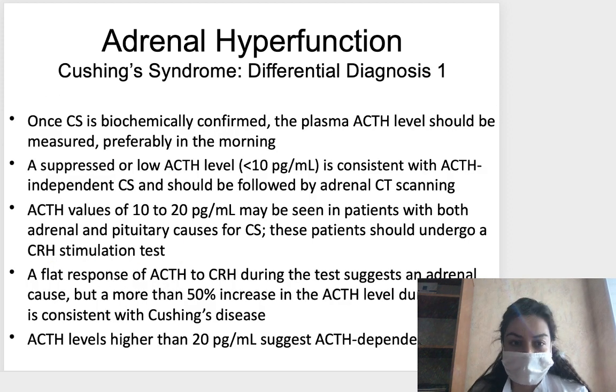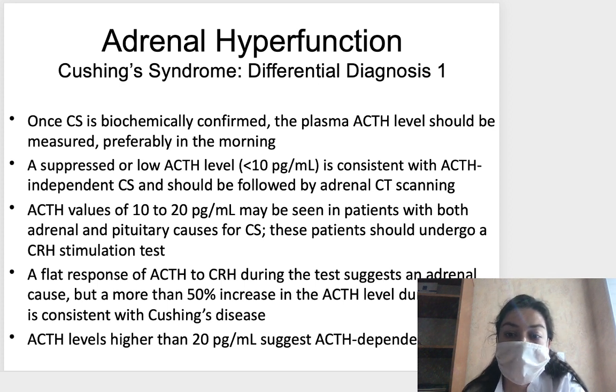For differential diagnosis, once Cushing's syndrome is biochemically confirmed, the plasma ACTH level should be measured, preferably in the morning. A suppressed or low ACTH level, less than 10 picograms, is consistent with ACTH-independent Cushing's syndrome and should be followed by adrenal CT scanning. ACTH values of 10 to 20 picograms may be seen in patients with both adrenal and pituitary causes of Cushing's syndrome.